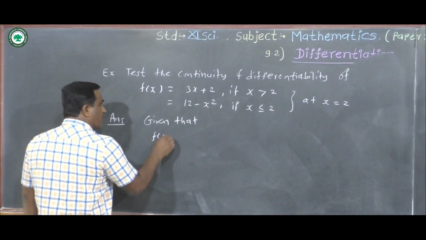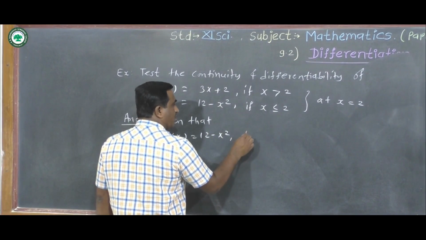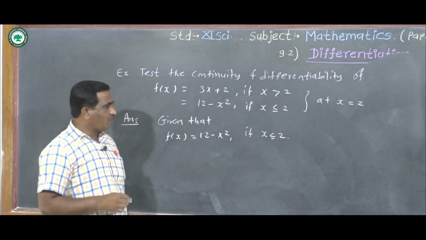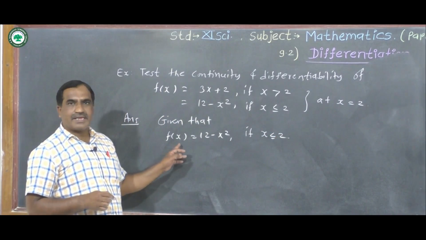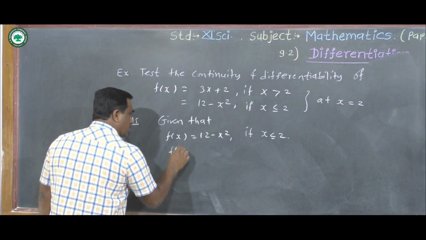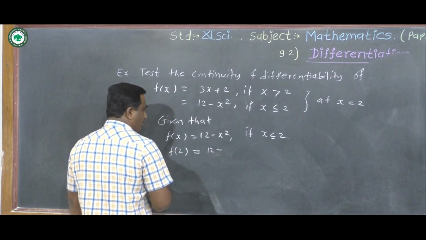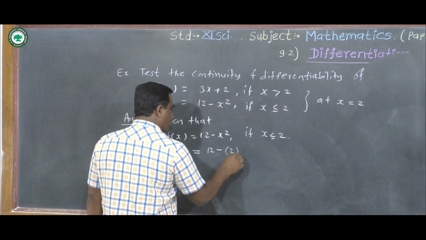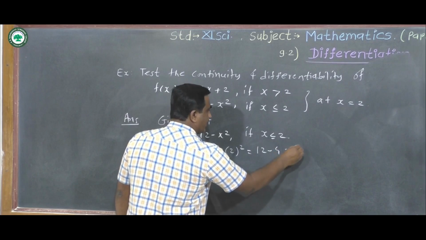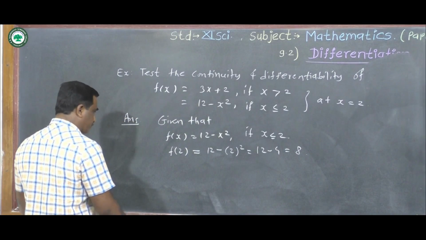F of x is equal to 12 minus x square if x less than or equal to 2. Now first we find the value of f of x at x equal to 2. Therefore put x equal to 2 in this equation. We get f of 2 equal to 12 minus 2 square, is equal to 12 minus 4 is equal to 8. Okay, this is the value of f of 2.